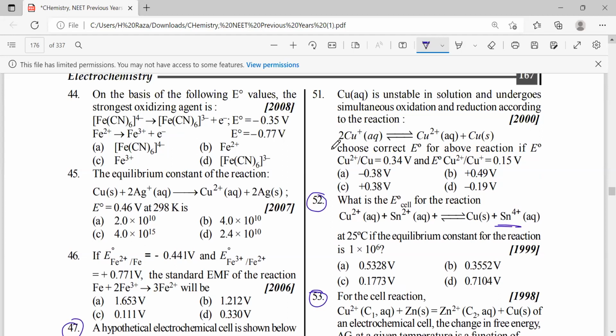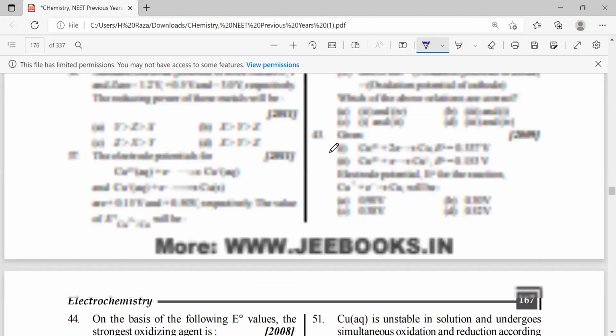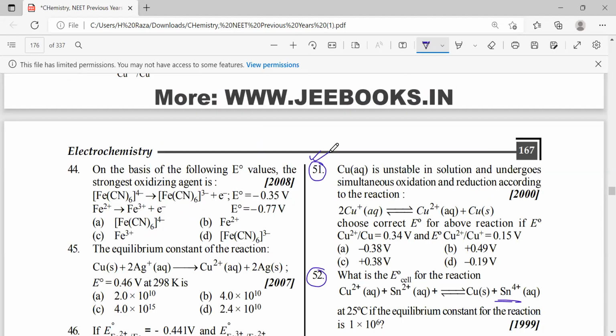Did you solve this question? Yes or no? Sir, 51st, no. Okay, please solve it. Actually, I was about to give a test, but I thought it would be better if I give you some questions, and on this base, I will give you grades.